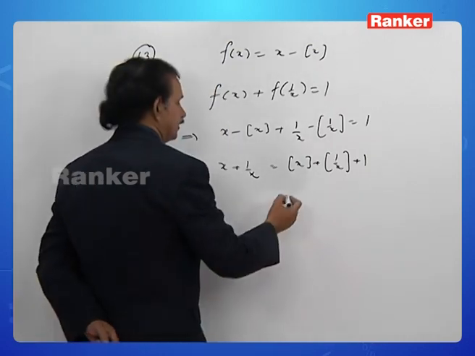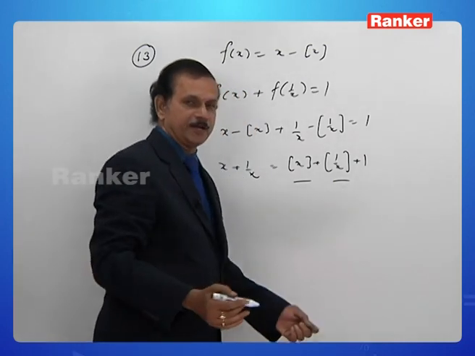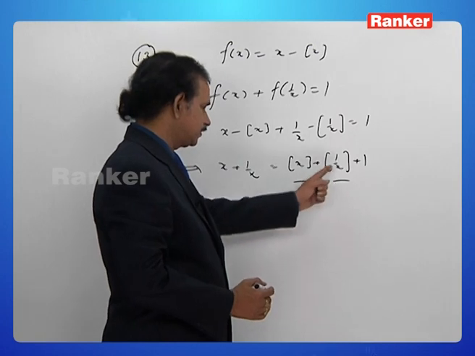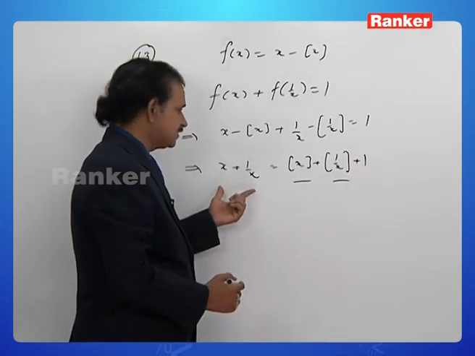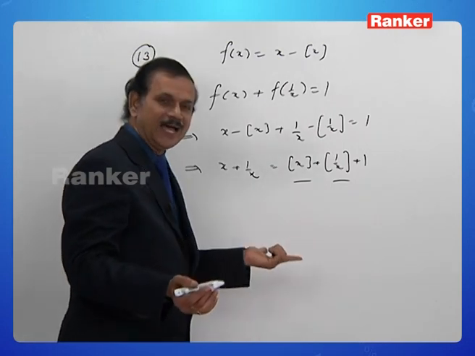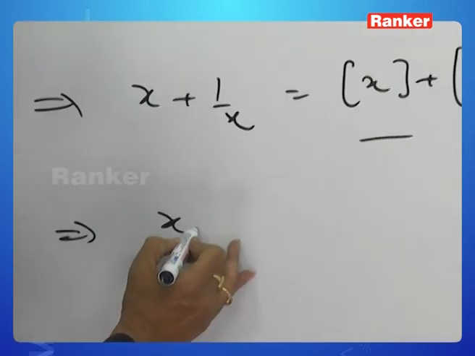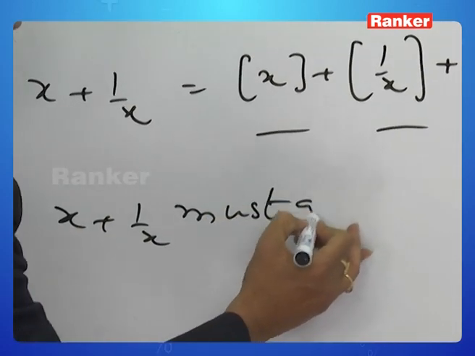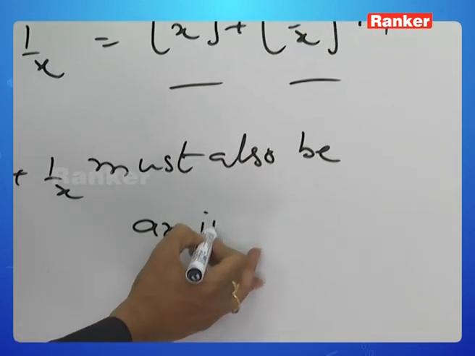Well, the integral part of x and the integral part of 1 by x, by the very name itself, indicate that they are integers. This is an integer, this is an integer, this is an integer. Therefore, RHS must be an integer, which implies x plus 1 by x must also be an integer.